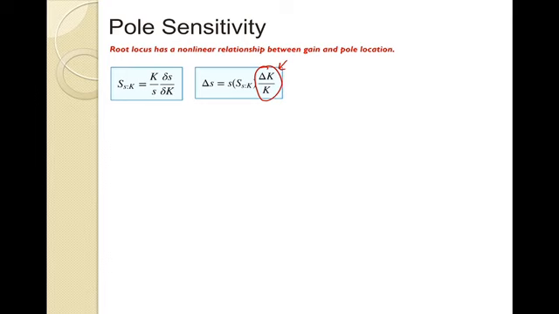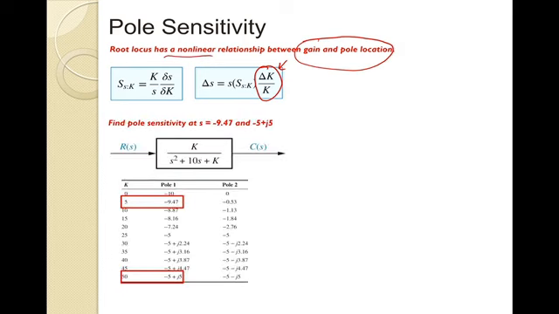Now we have looked at sensitivity previously, typically with regard to gain, but we'll look at it now relative to the pole locations. So really, it's the relationship between gain and pole locations, and it certainly is a nonlinear relationship, as we'll see shortly. Similar definitions of sensitivity that we've seen in the past. Given this system here, what we want to do is find the pole sensitivity at two different pole locations right there. We've seen this in previous modules.